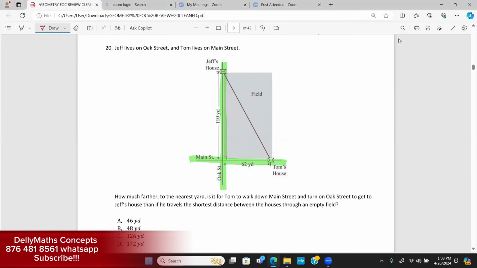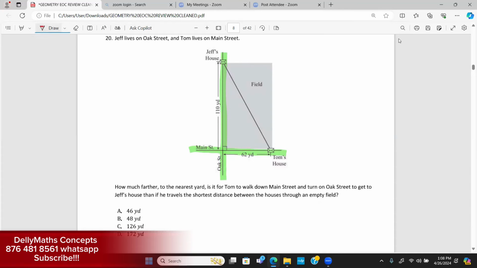All right, so what we want to do with this problem is focus on the distance. They're asking us to find this distance, right? You want to find this distance, and you're going to compare that distance with walking along this road and that road. So let us add these first to see what we'd get.